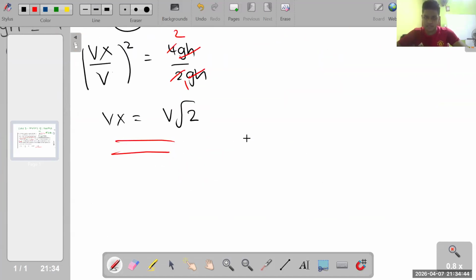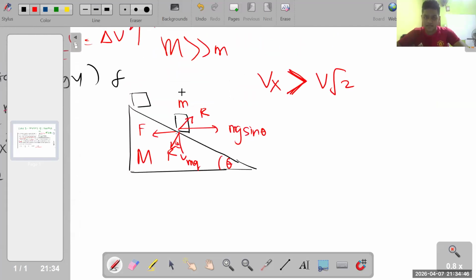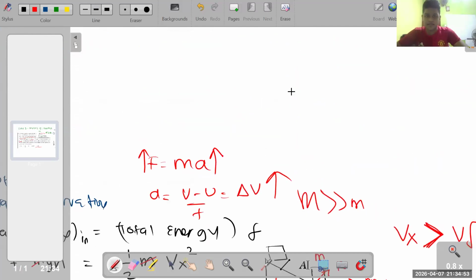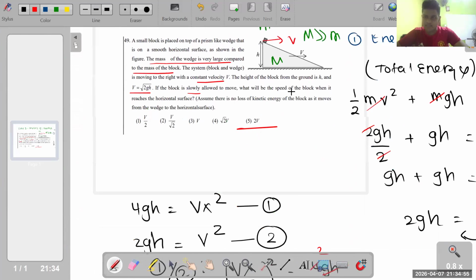When we consider these forces, the velocity would be slightly greater than the theoretical value. We have only one such value. What is it? 2v. This is not an essay question, so we need not prove it. If we have that idea, this is the answer, right?